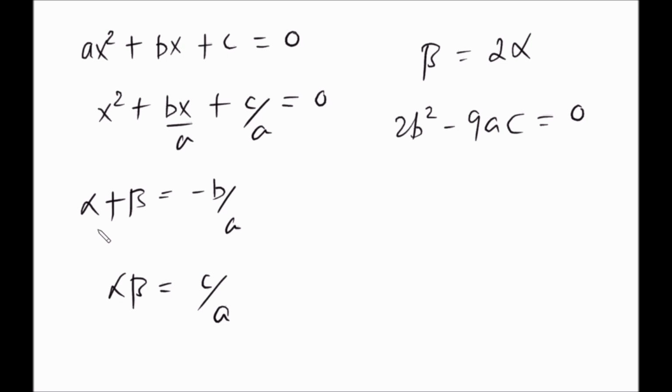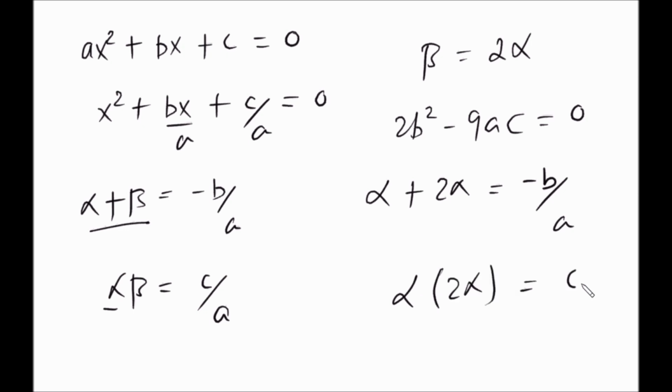See here, because beta equals 2 alpha, alpha plus 2 alpha equals negative b over a, and alpha times 2 alpha equals c over a. Let's start there. Alpha plus 2 alpha is 3 alpha equals negative b over a.